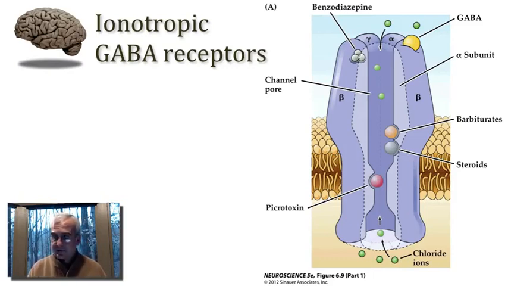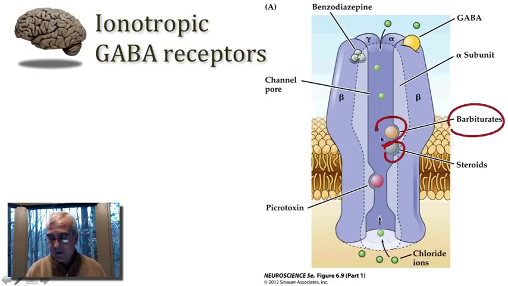There's a variety of binding sites for other substances that can modulate the efficiency at which these channels open or close. For example, there is a site for the binding of steroids, for the binding of barbiturate drugs. Many of our pills that we take at bedtime that can modify the way people fall asleep are acting at a site deep within this receptor complex here.